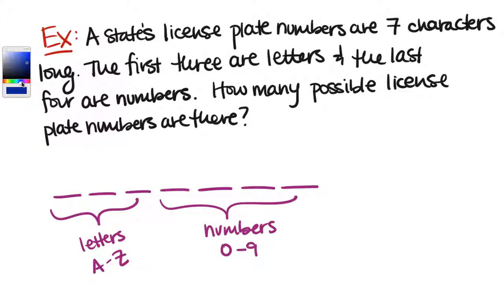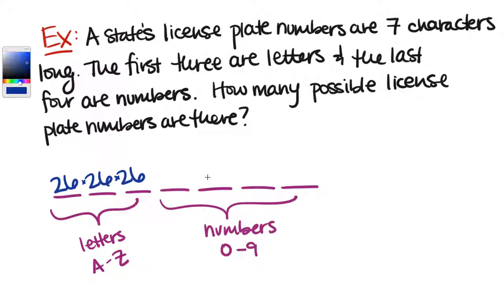And so what we're going to do here is fill in the number of options for each one. Well, there's 26 letters, and there's no mention of restrictions about repeats, so we're going to assume repeats are fine. We could do A, and that would be okay. So every one of these first three can be A to Z, and that's 26 options each.